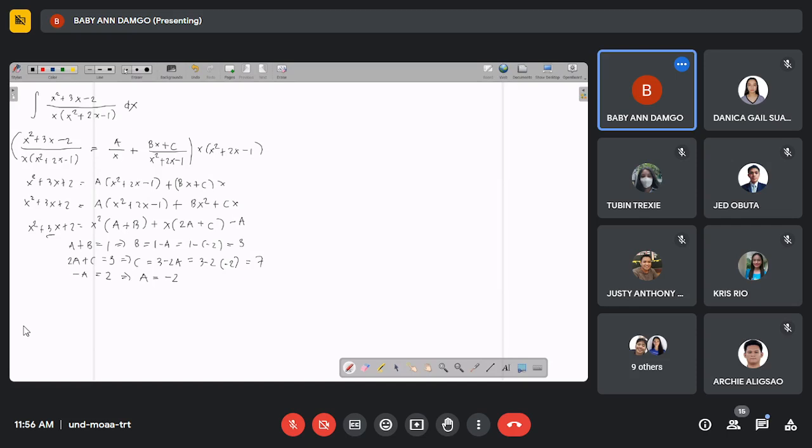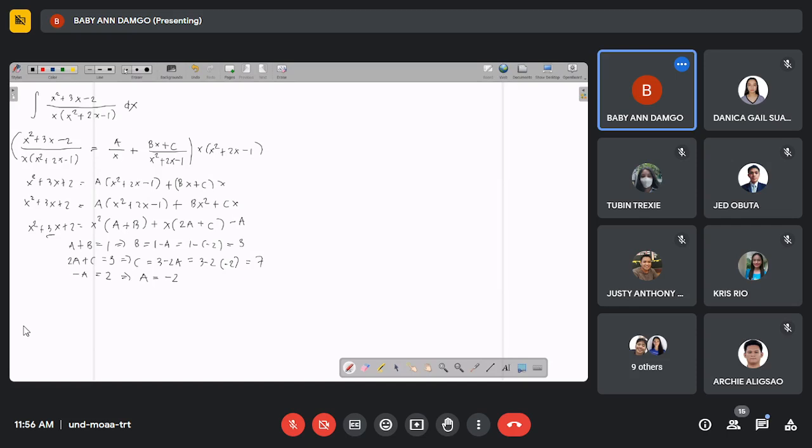Okay, so substitute. This can be written as A here is 2 over x plus, our B is negative 1, so this is negative x, and then our C is negative 1, so we have negative 1 over x squared plus 2x minus 1 dx.